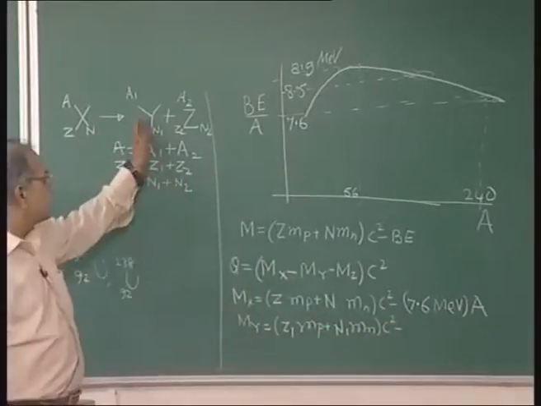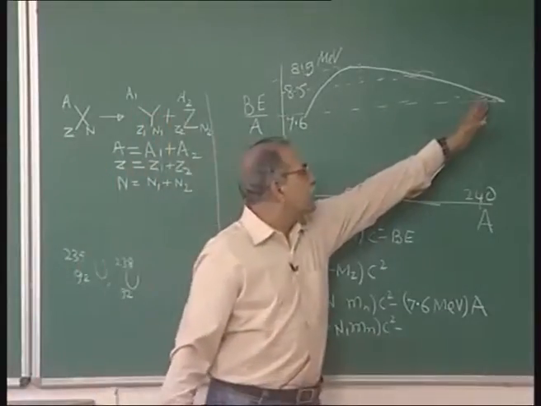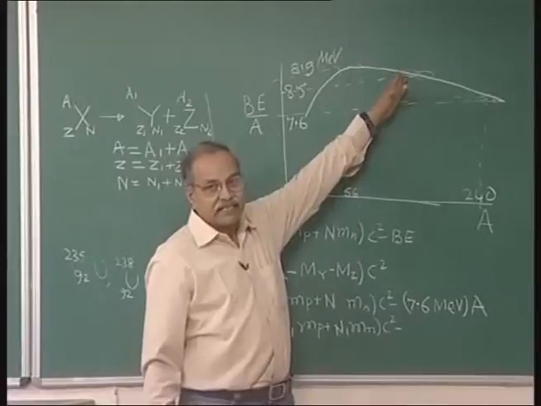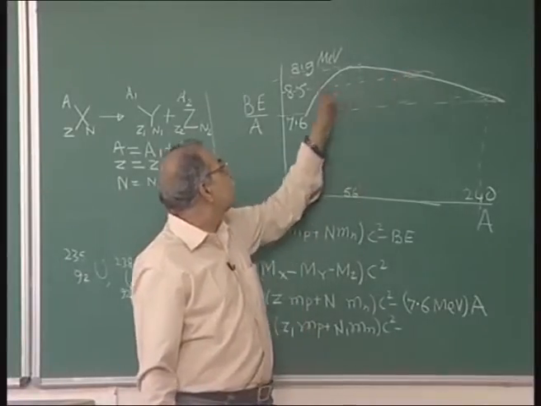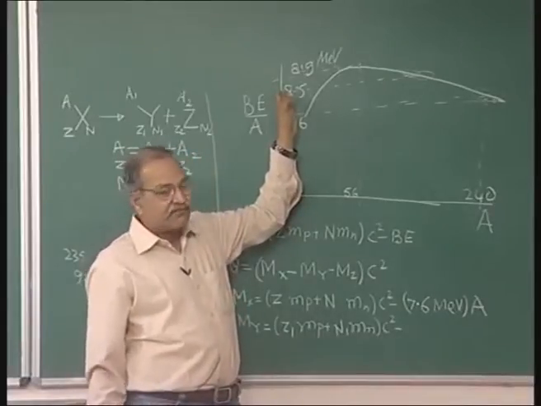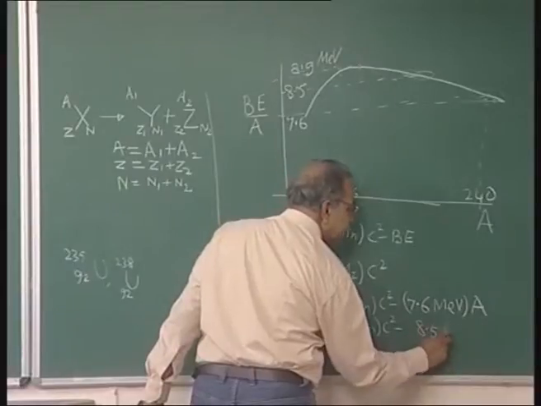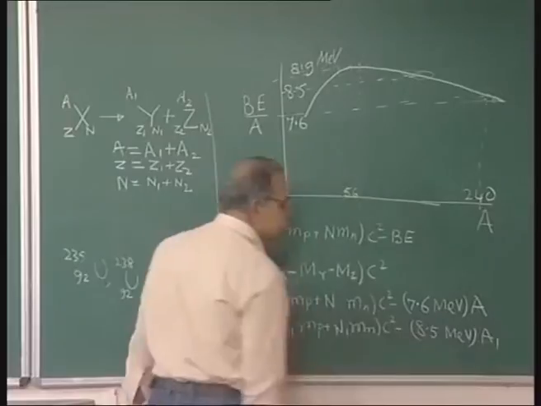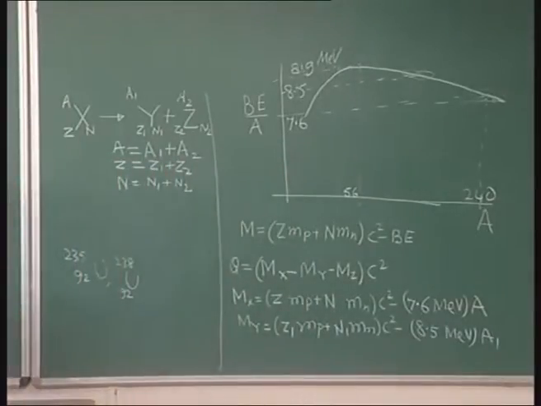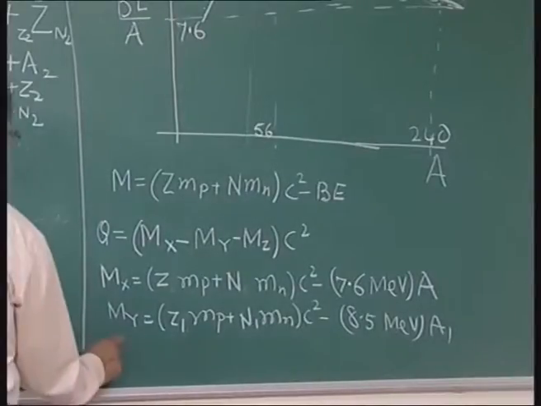Now, this Y and Z have roughly equal masses, so half of it will come here, and here the binding energy per nucleon is 8.5 MeV. So, it is minus 8.5 MeV times A1. It has A1 nucleons. So, 8.5 MeV times A1, and similarly Mz you can write.